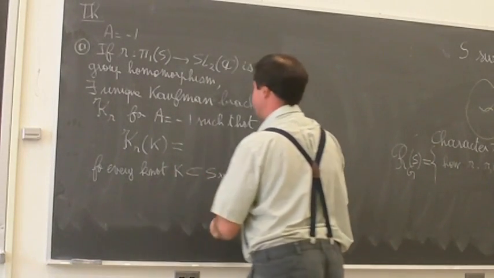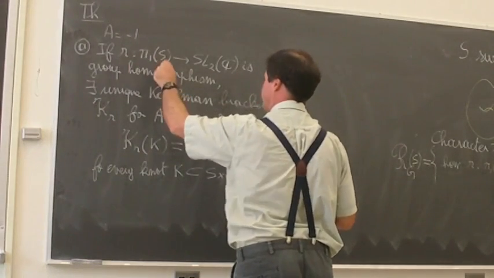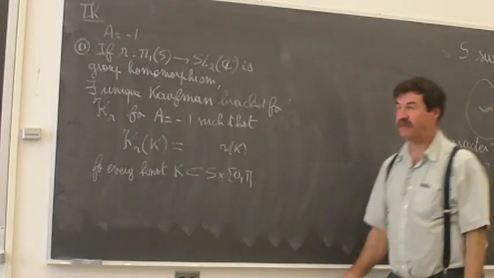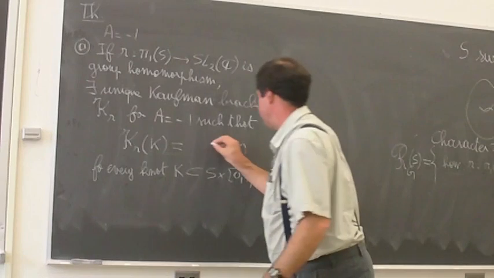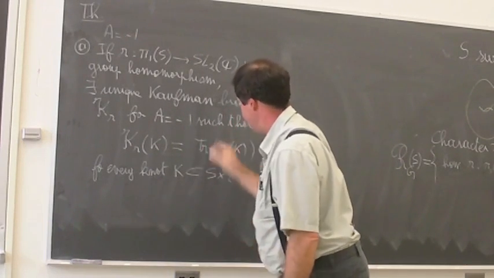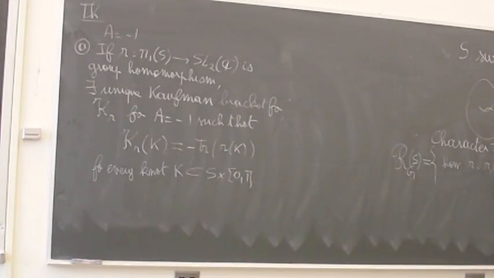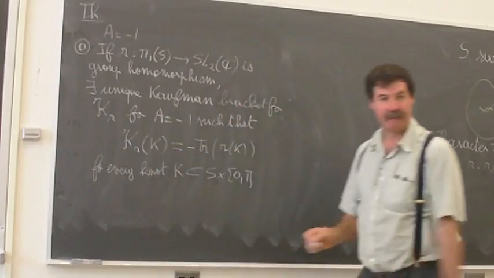So you can consider its class in the fundamental group. Then you can apply your group homomorphism, so you get a 2 by 2 matrix. Then you can take the trace. And then you can put a minus sign in front.